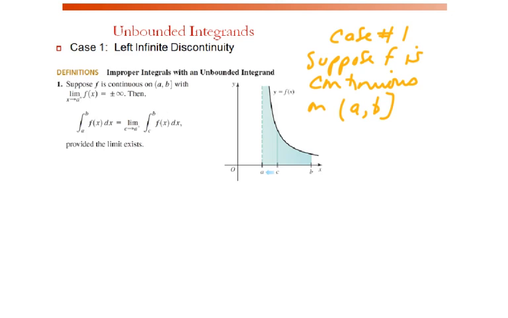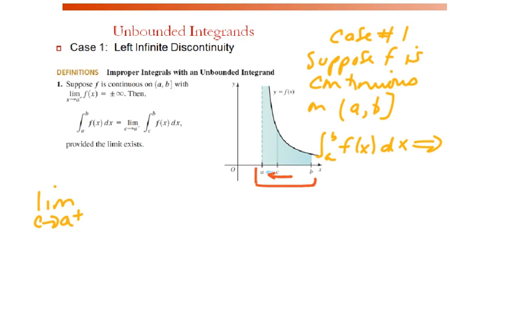So we're going to look at the limit. I'm going to rewrite the integral from a to b of f of x dx as a limit. So this is going to become the limit as c approaches a from the right, because here's your interval of integration, and we're approaching a from the right hand side. You're moving right to left, so we're going to look at a right sided limit in order to look at the left infinite discontinuity.